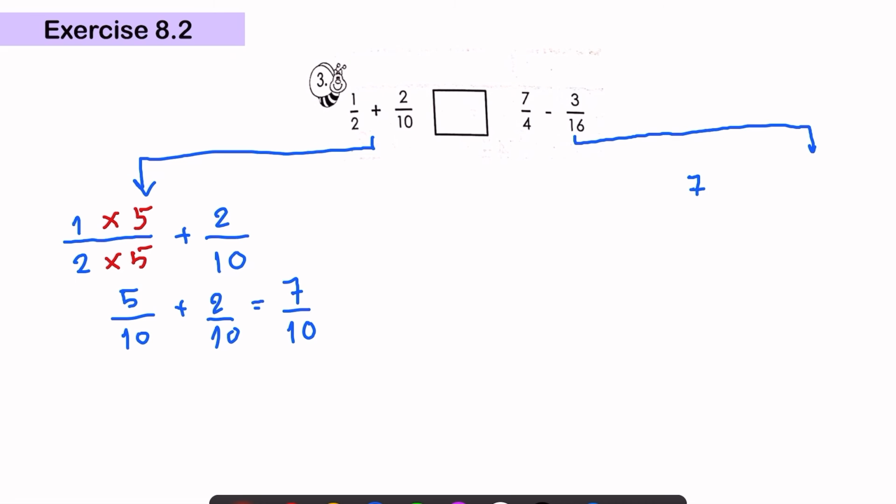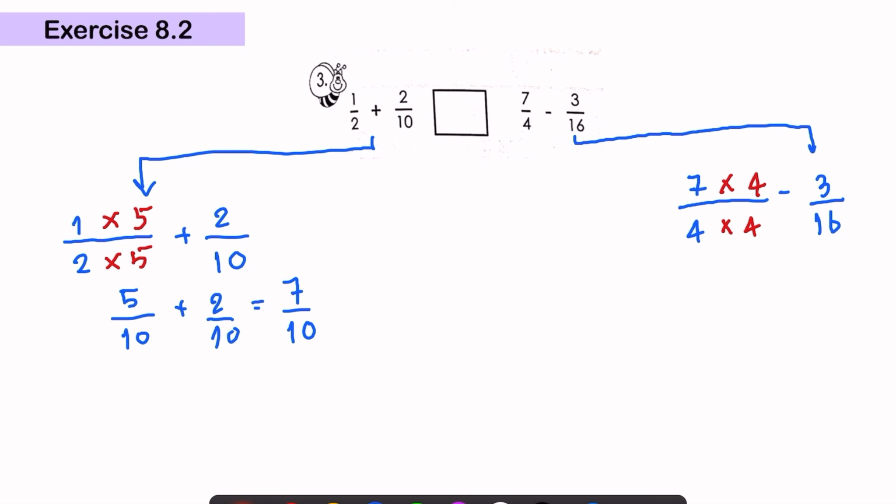From 7 over 4, I need to change 4 to 16 by multiplying. How do I get 16 from 4? I need to multiply 4 by 4, right? Okay, if I multiply 4 by 4, I need to multiply 7 by the same number.